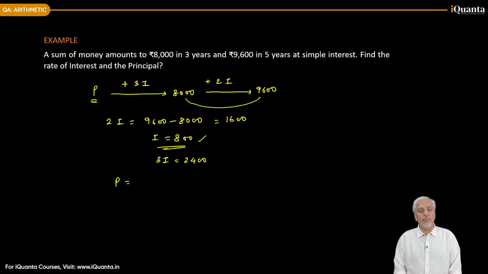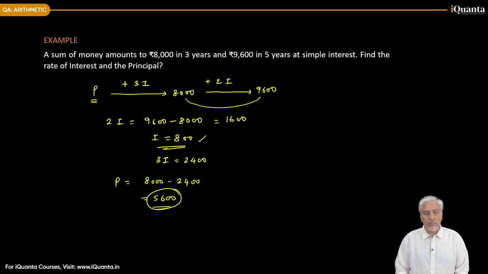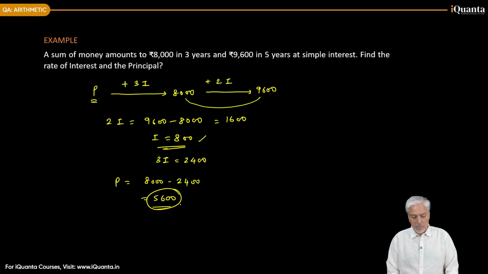And therefore principal becomes 2,400 subtracted from 8,000, which will become 5,600. How do I calculate the rate over here? Now start the sum like a fresh sum. Your principal is 5,600. For every year, you're getting interest of 800. So what is your rate?